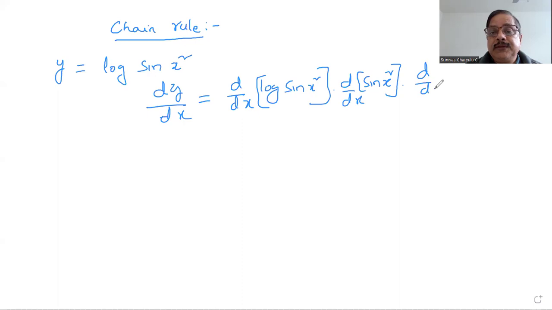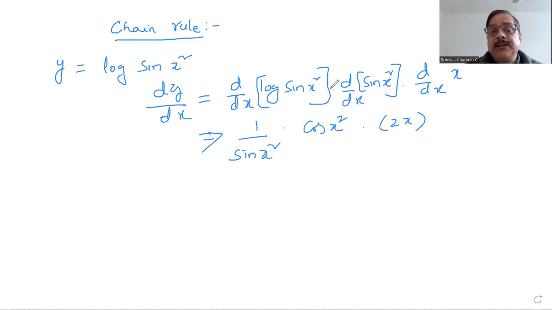Let us write here now. You know very well, d by dx of log x is 1 by x. So it will become 1 by sine x square. D by dx of sine x square, we know it very well, it is cos x square. D by dx of x square is 2x.